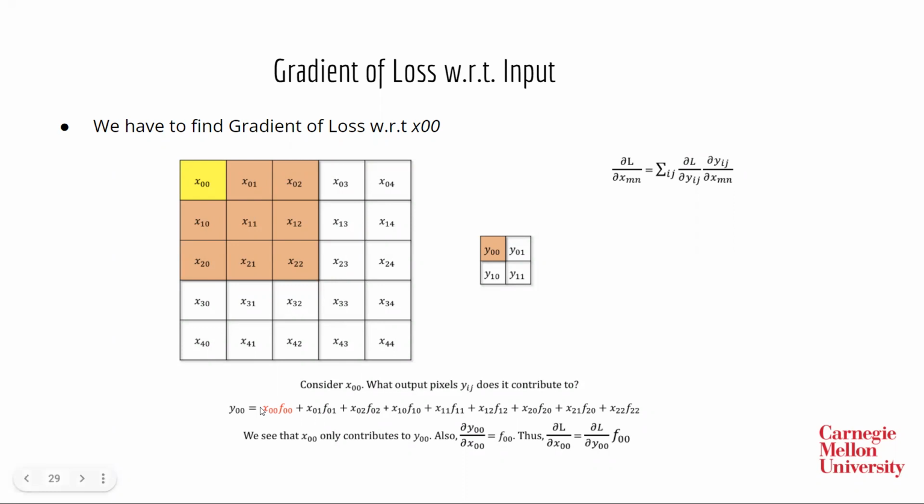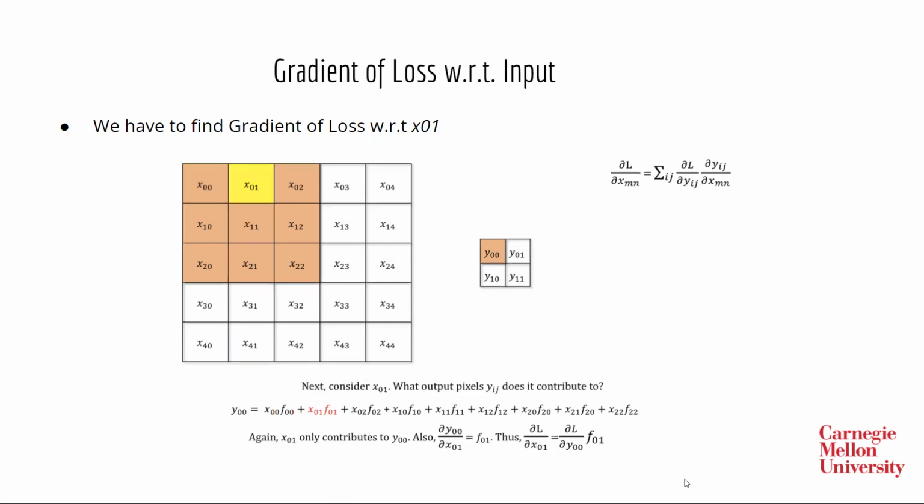If you look at the equations, x00 is only affecting y00 in this case. So your gradient of loss with respect to x00 is just gradient of loss with respect to y00 multiplied by the gradient of y00 with respect to x00. That's going to be just this term f00, right?